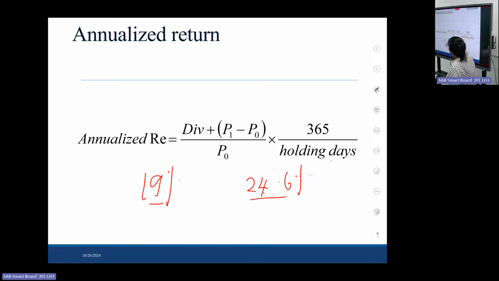So high risk is implied with this 24.6%. Now these two you can compare. If you are a risk taker, you can go with the Lion PLC. If you are risk averse and do not like to take much risk, you can be a fixed deposit investor. So now I have explained different concepts: return, holding period return, and annualized rate of return.